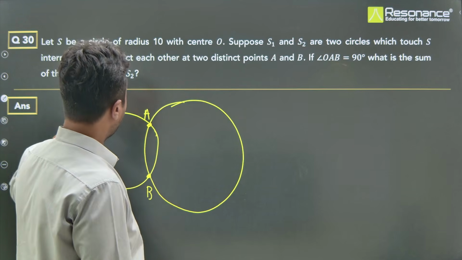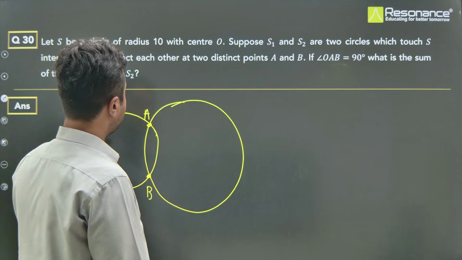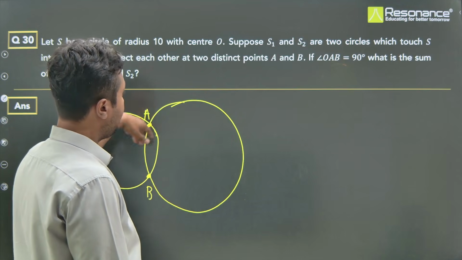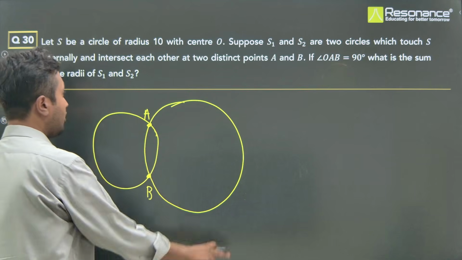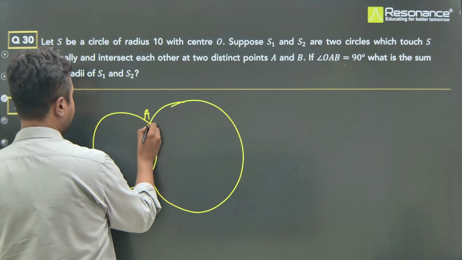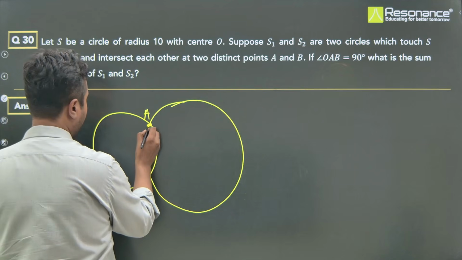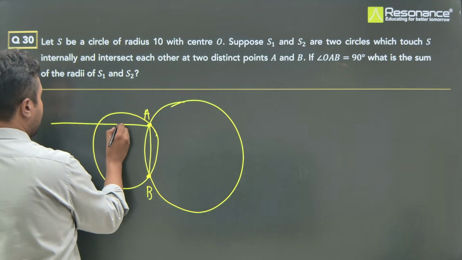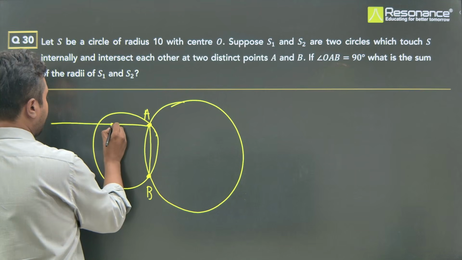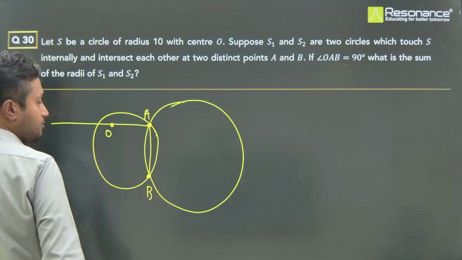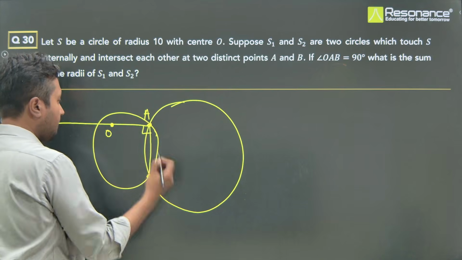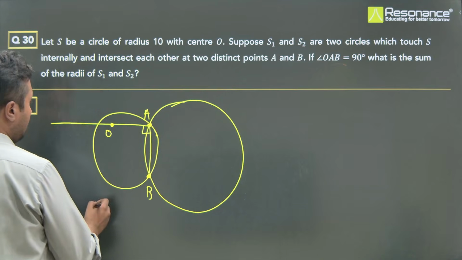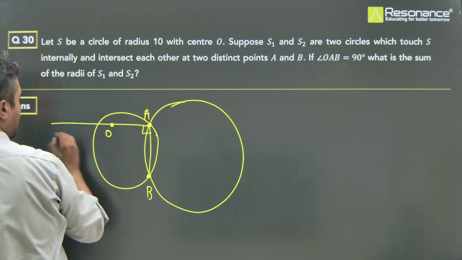That big circle has to touch both these circles internally, and these two circles are intersecting at 2 points, and also angle OAB is 90 degrees. So AB is this one, OAB is 90, means O must be somewhere over here. I don't know where, but that must be O, and this must be 90 degrees. I guess it's probably on the other side.